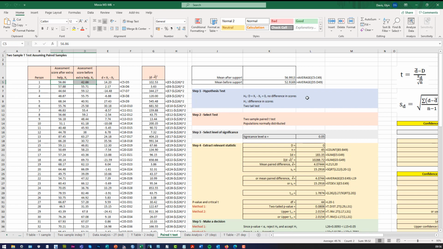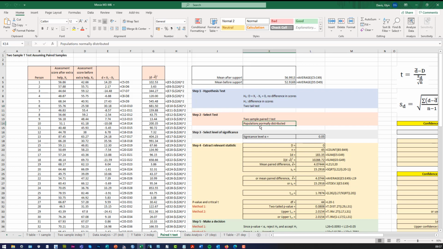The null hypothesis is that there's no difference between the scores. The alternative hypothesis that we're going to take is that there is a difference within the scores. Because we're talking about a difference, we have a two-tailed test.